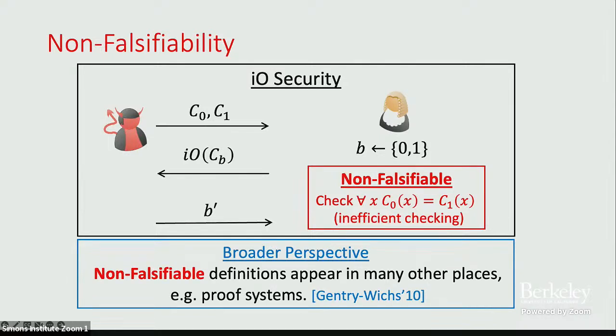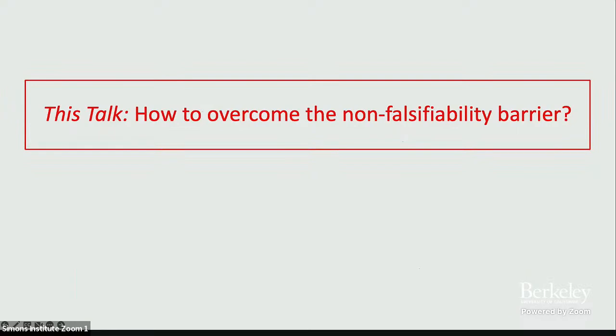In fact, such a non-falsifiable definition appears in many other places in cryptography. For example, it also appears in succinct proof systems. And sometimes you can formalize this intuition to obtain a formal impossibility result. So in this talk, the question of how to build I/O for Turing machines essentially boils down to the following question: how can we overcome this non-falsifiability barrier?